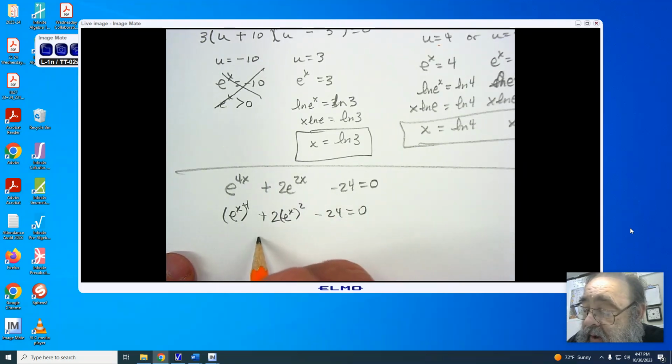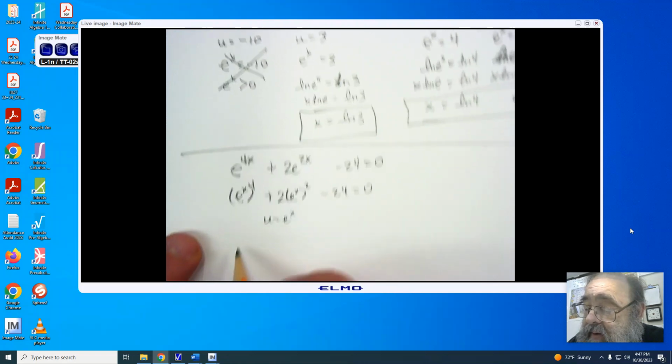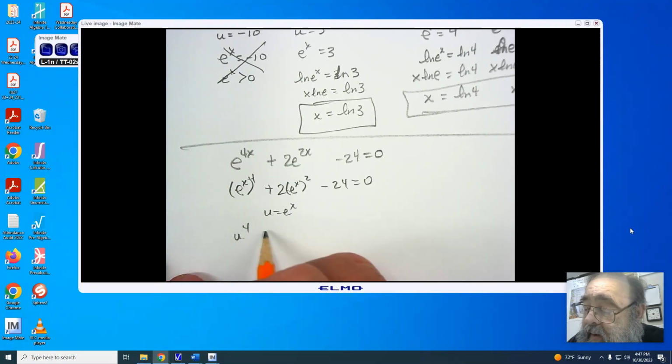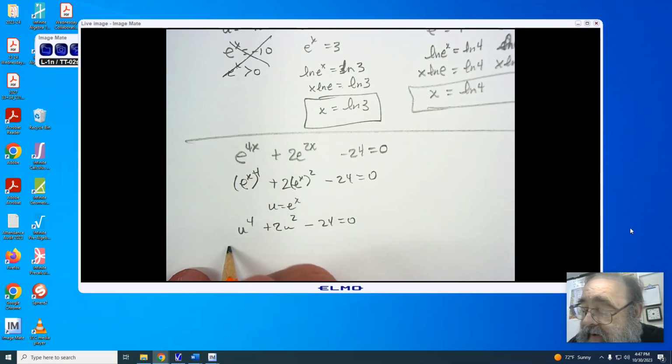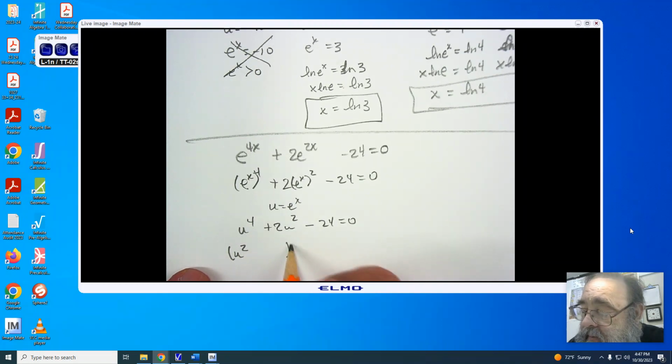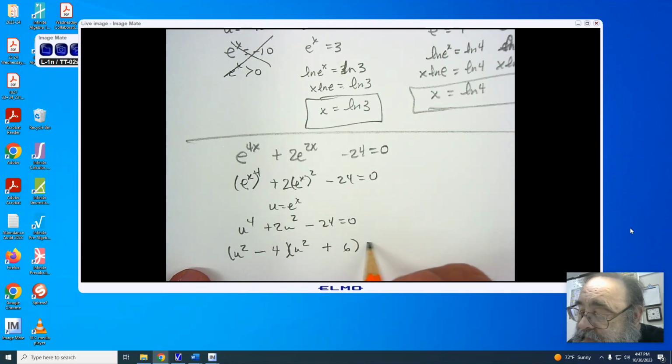This gives me u equaling e to the x, and I have u to the 4th plus 2u squared minus 24. I'm going to now factor it into u squared, and I'm going to have a 4 and a 6, where the 4 is going to be a minus and the 6 is a plus.